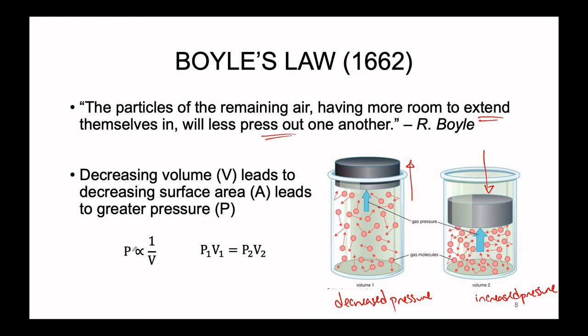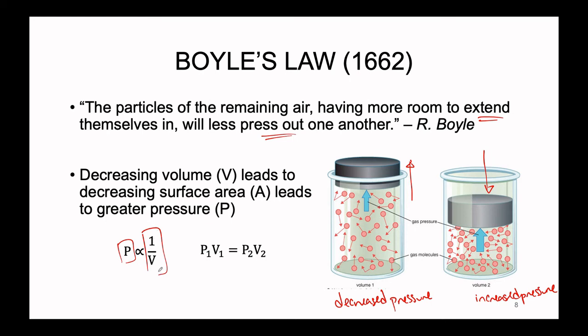And so he continued to study the relationship between pressure and volume and found consistently that pressure is proportional to the inverse of the volume. If you decrease the volume, you must increase the pressure. If you increase the volume, you must decrease the pressure. This is a relationship that is always true. This is because as you decrease the volume, you lead to a decrease in the surface area, greater number of forces, and therefore a greater pressure.